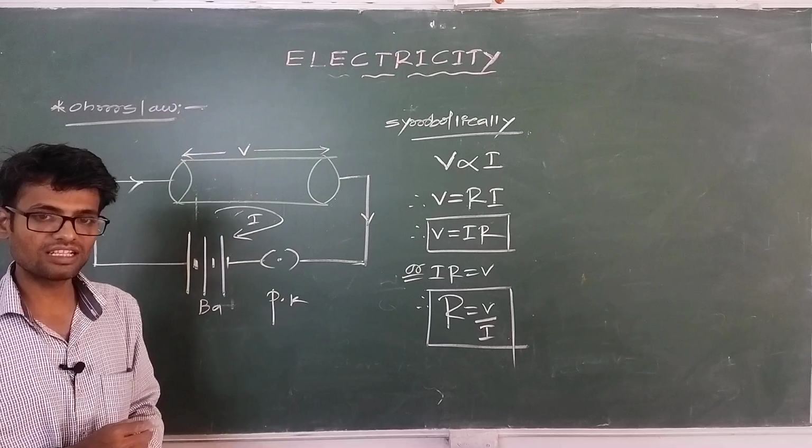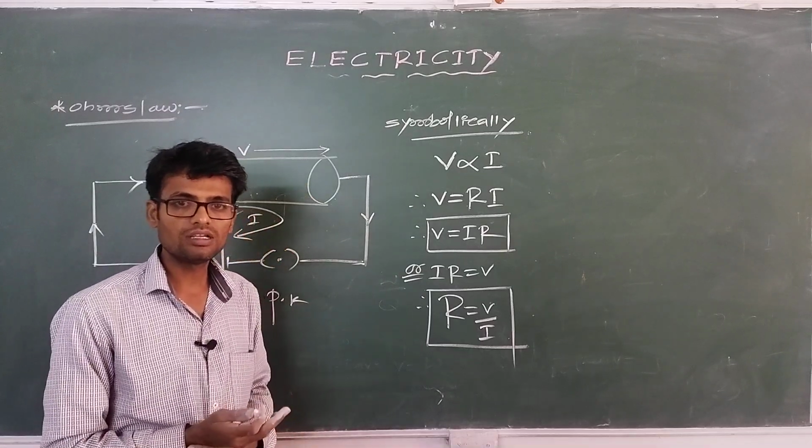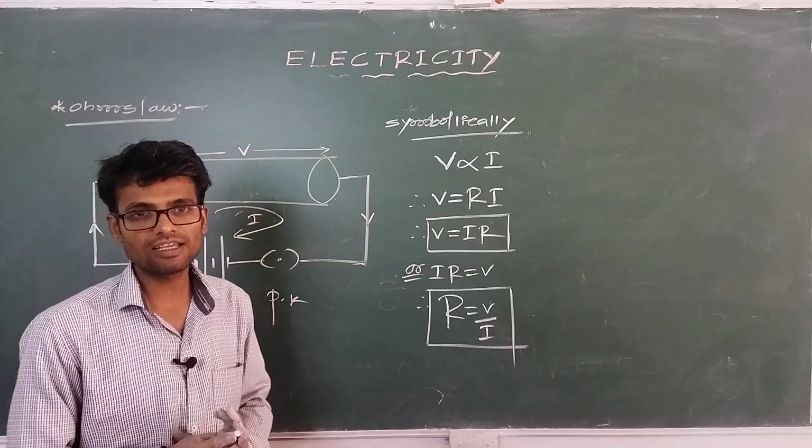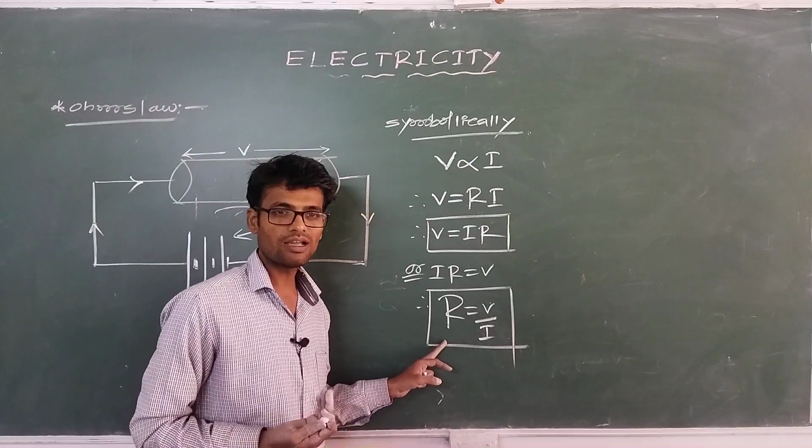Resistance of the conductor is the property which always opposes the flow of electric current.